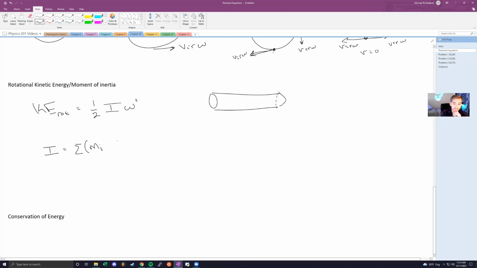And we're going to multiply each of those individual little point masses that make up the entirety of this rod by its distance squared from its axis of rotation. So let me say this again. These are all masses that make up the body. And this is our distance from our axis of rotation.